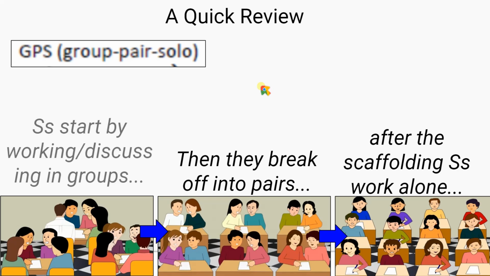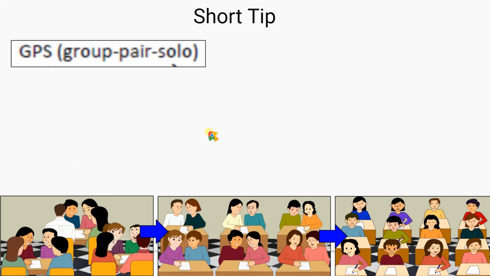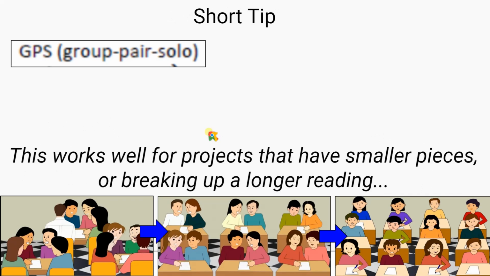And a lesser used technique, which is certainly useful, is the GroupPairSolo. So it's kind of the reverse of what you've seen before. Here we're starting in a group and we're leading to being alone. Okay, so they start working or discussing in groups, then they break off into pairs, and after that scaffolding, the students work alone. Okay, so this works well for projects that have smaller pieces, that you can break up into smaller pieces, or breaking up a longer reading.